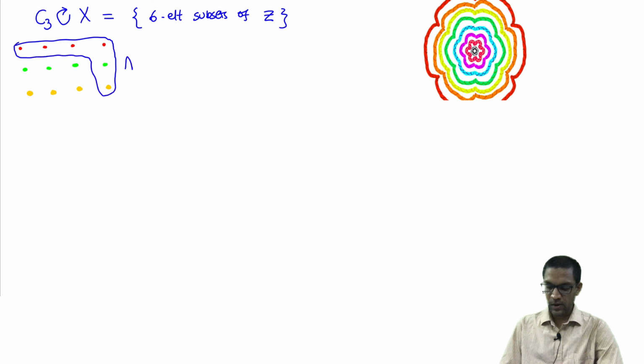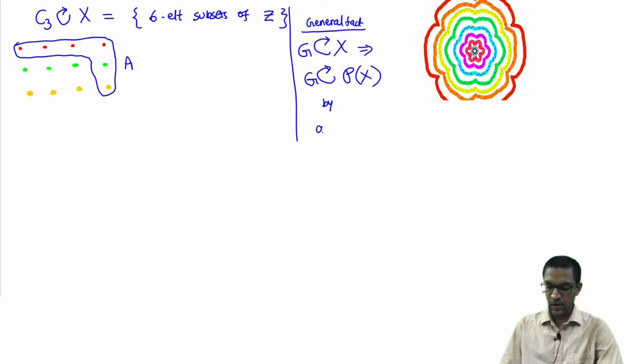So if this is my subset A, the collection of 6 dots, then there is again an action of the cyclic group on this by what's called the element wise action. It's worth writing out as a general fact to observe: suppose a group acts on a set X, then the group in fact acts on the power set of X, which is the set of all subsets of X. And how do I make it act?